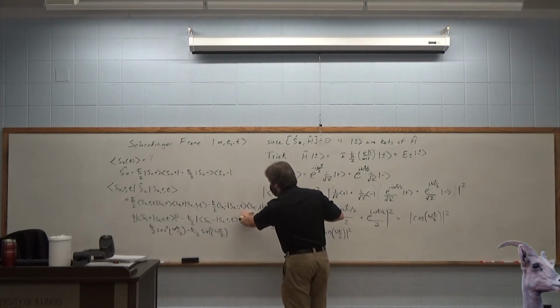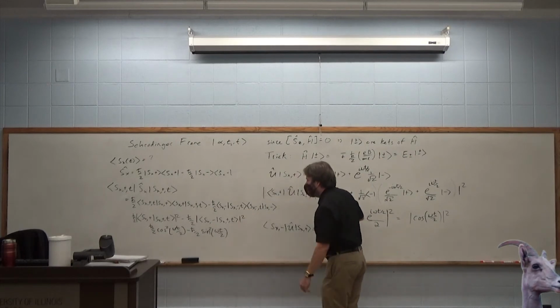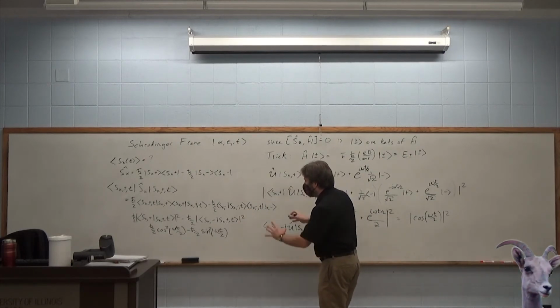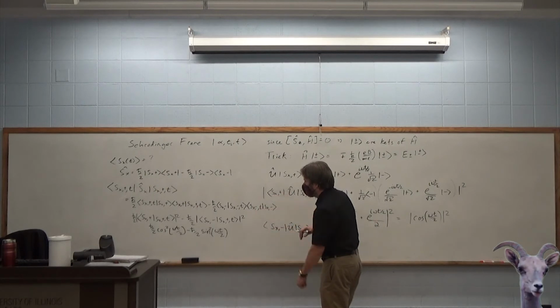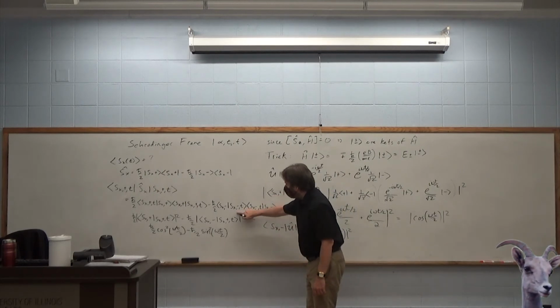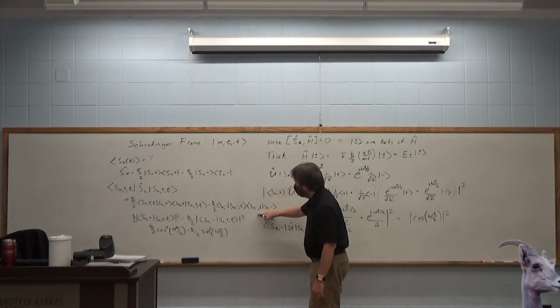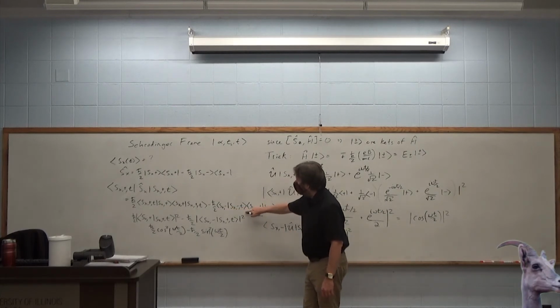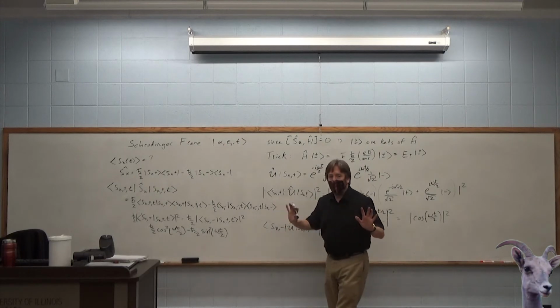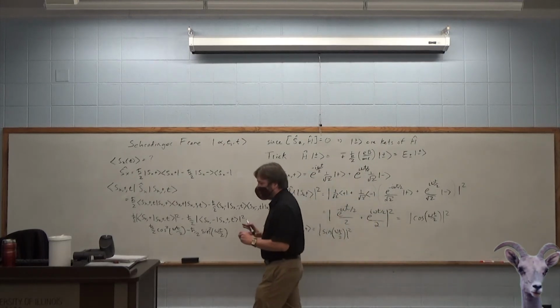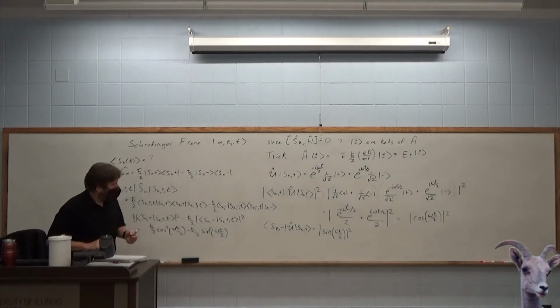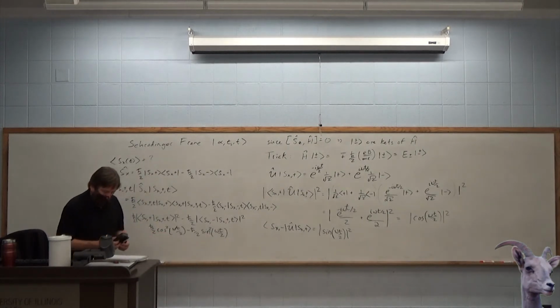So I may have made a mistake. Or it kind of just doesn't matter because you can rearrange things as complex conjugates. I'll look into this, but I have a feeling that this is an error. I think this is evolving in time, and that's evolving in time. Anyway, I think I've reversed them, but again, it actually wouldn't matter. So sorry about that. I'll double check that. That bothers me now. I should have noticed that before.